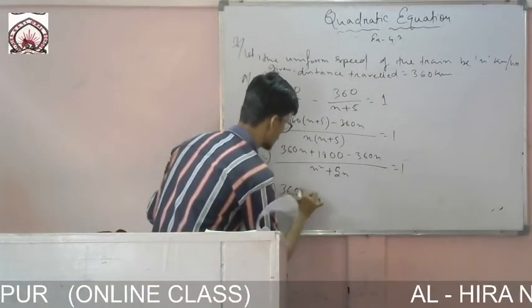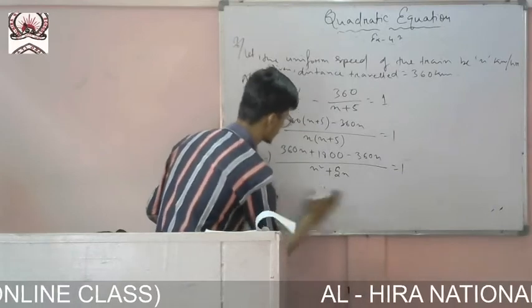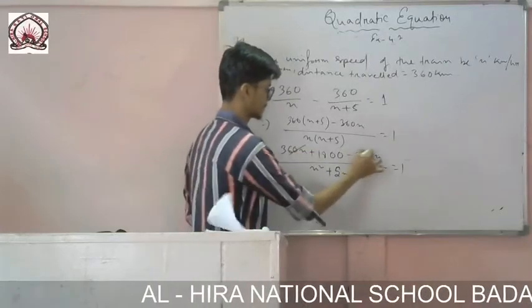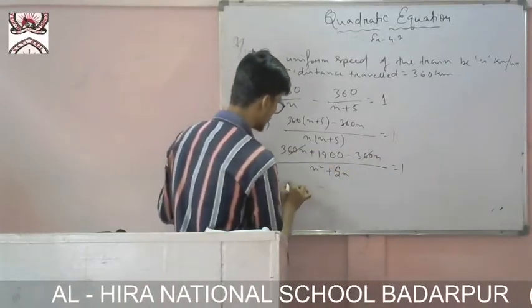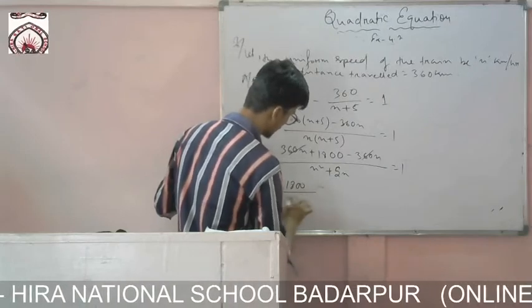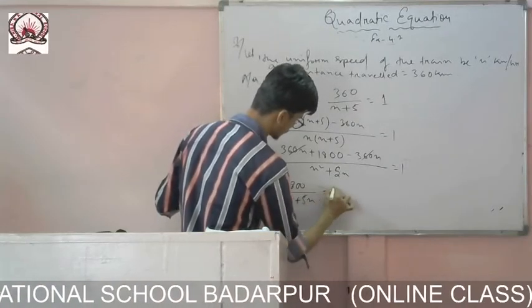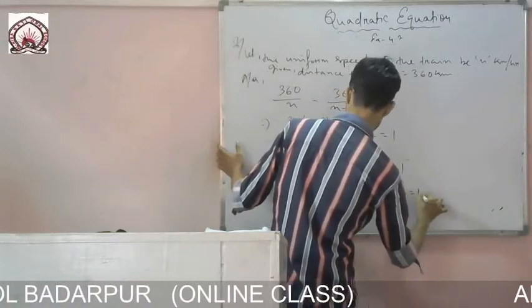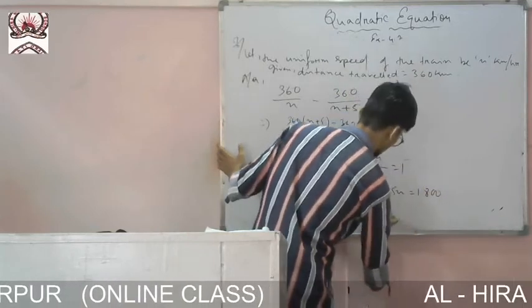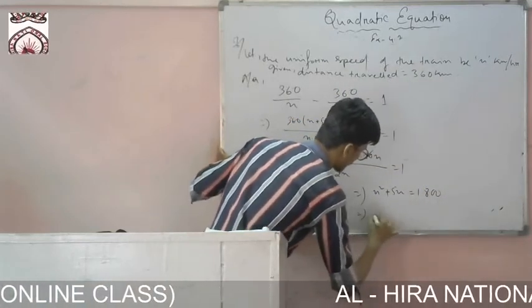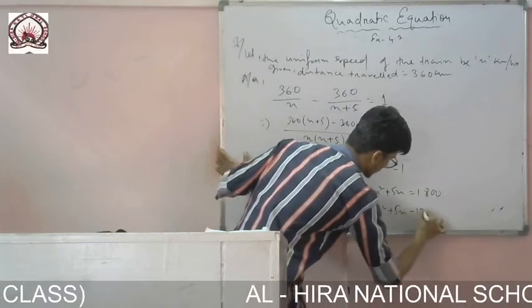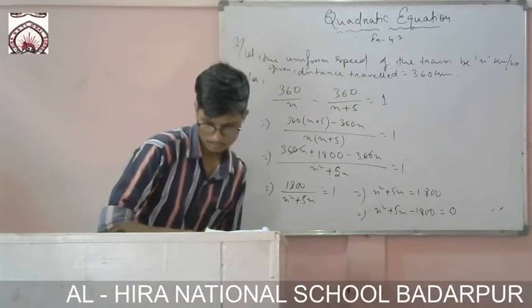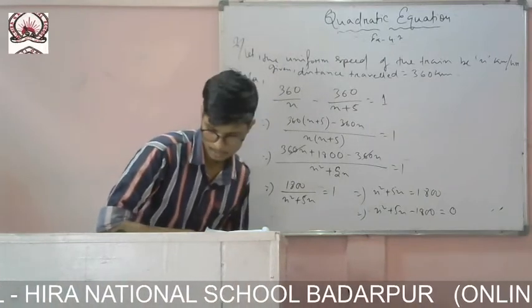So 360x and minus 360x will cancel. What is left is 1800 over x square plus 5x equals 1. That means x square plus 5x equals 1800. So I can write x square plus 5x minus 1800 equals 0.